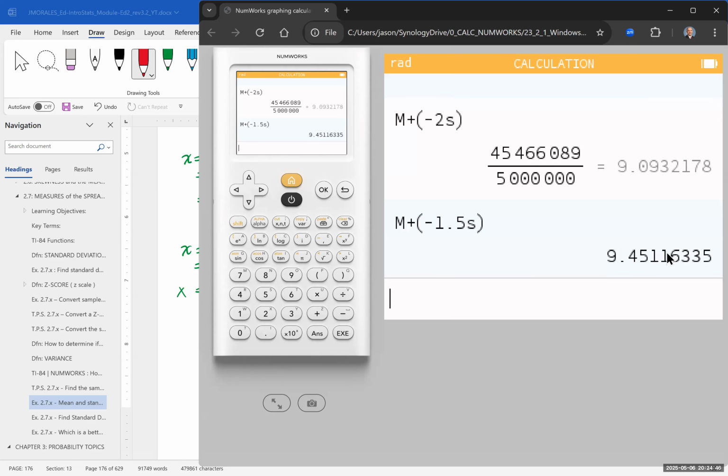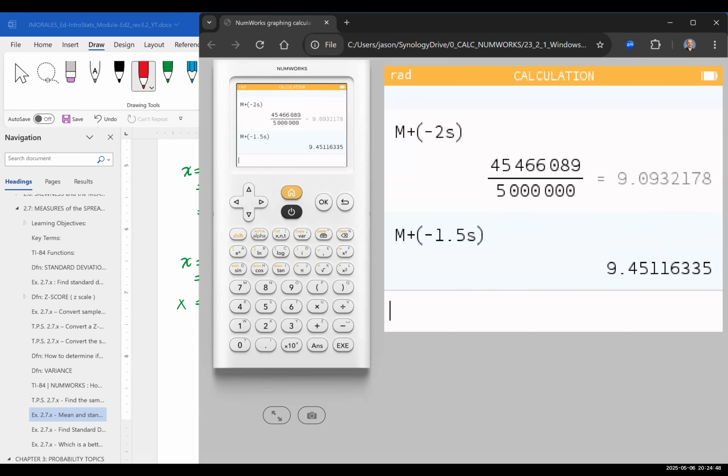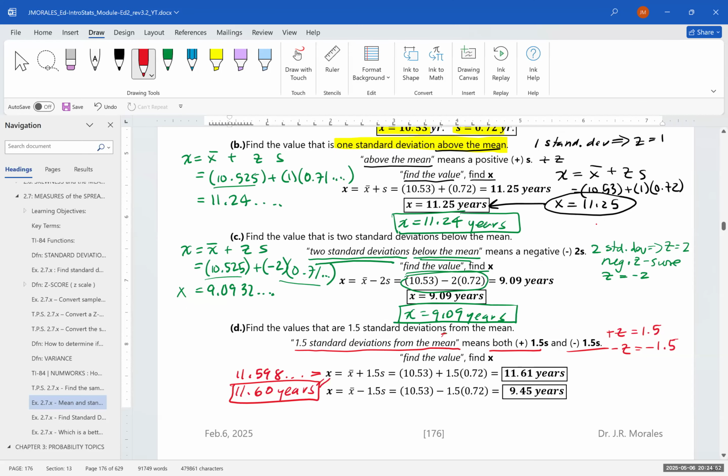And we get 9.451, and it keeps going, which we would round to 9.45. So this did not produce an answer that was different than if we had used rounded values during our calculation. But this is a good example of why you should not do that.